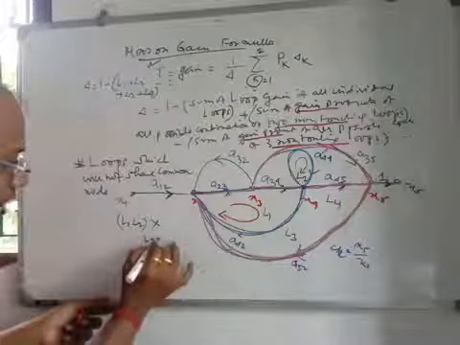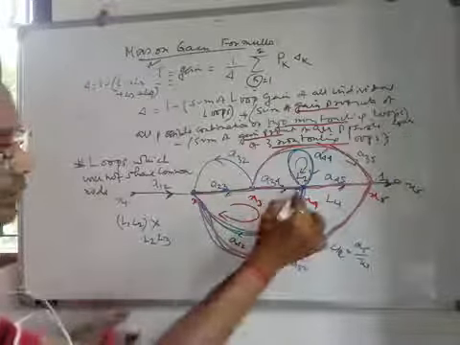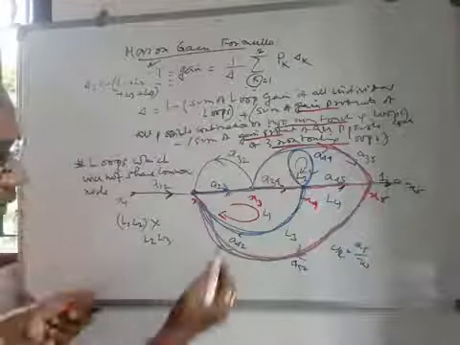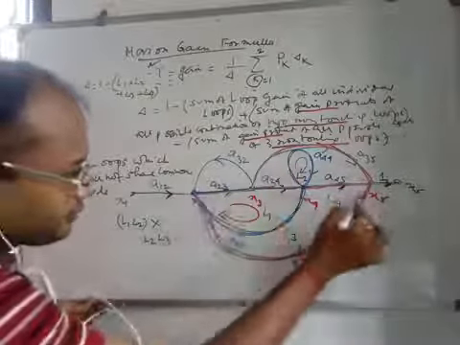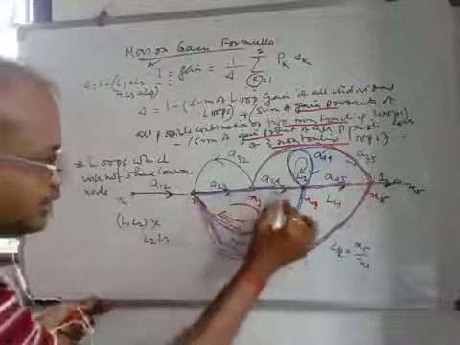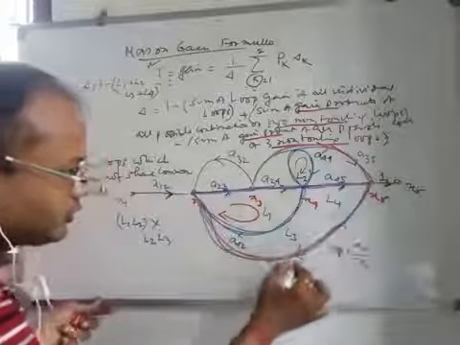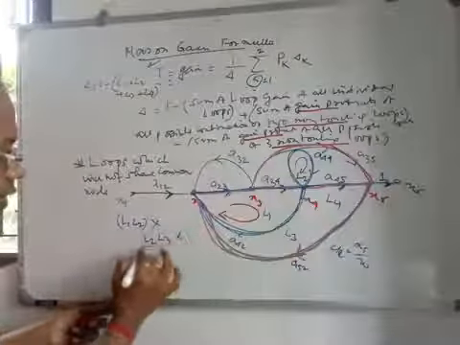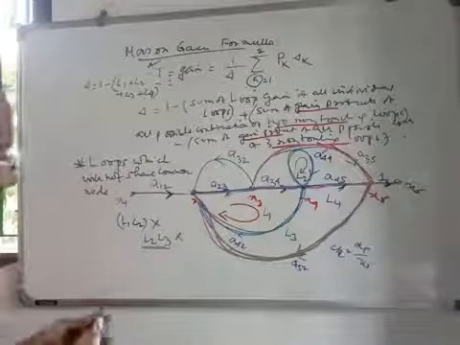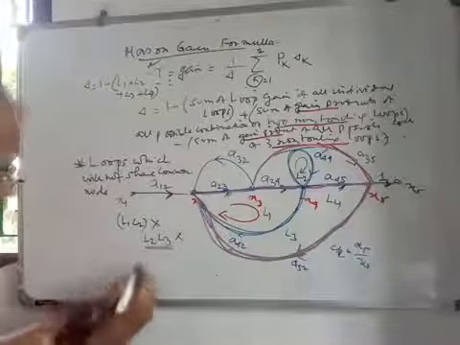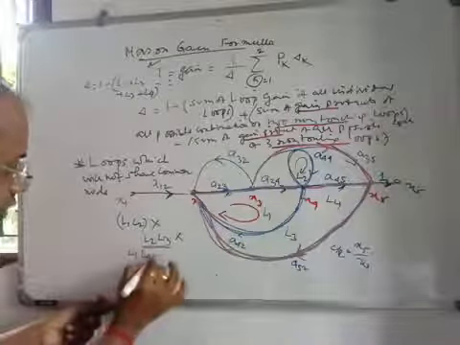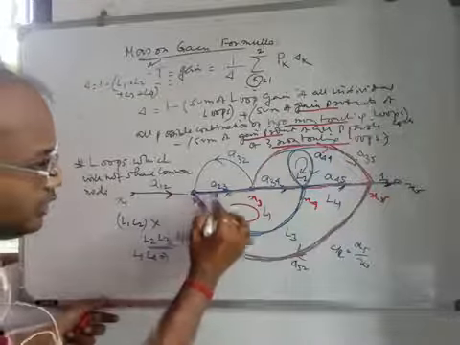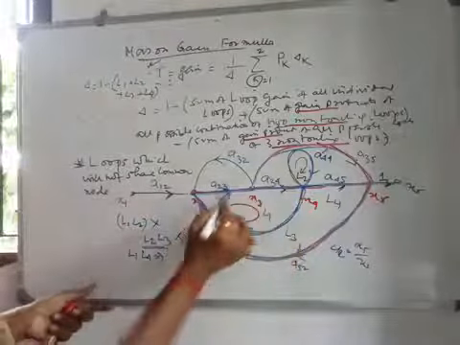Next, L2, L3. This is your L2, and this is your L3 node, so this is passing through this. So L2, L3 is not a possible combination of two non-touching loops. Similarly, next is L1, L4. Sorry, there is another loop we have missed.